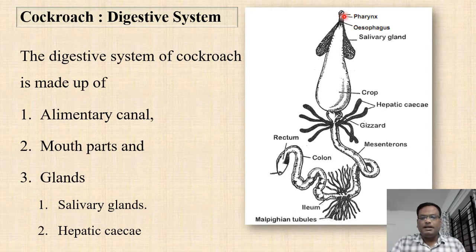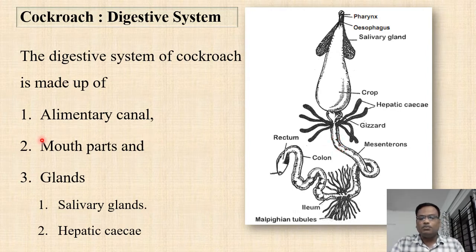The alimentary canal is a muscular tube which extends between the mouth and anus. This alimentary canal is modified into different structures to serve different functions. We'll study the different structures and functions of the alimentary canal.